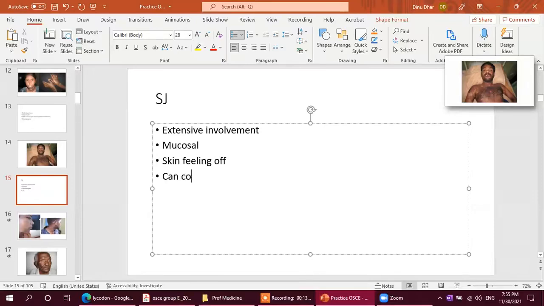The famous thing that causes this is anti-epileptic drugs, found to occur with lamotrigine and carbamazepine. There are many other drugs that can cause it, but the classical ones you should know, and they ask MCQs on, are lamotrigine and carbamazepine.